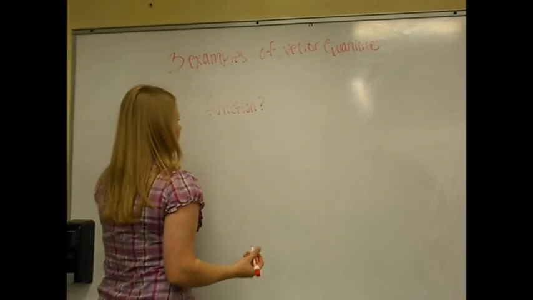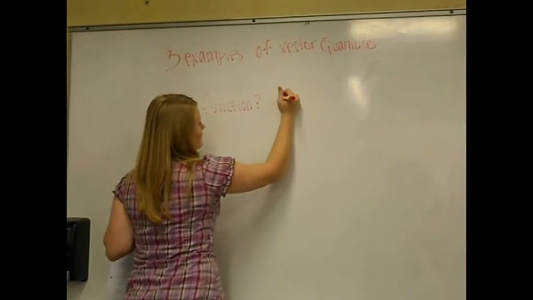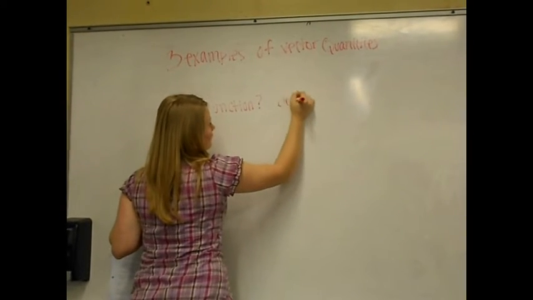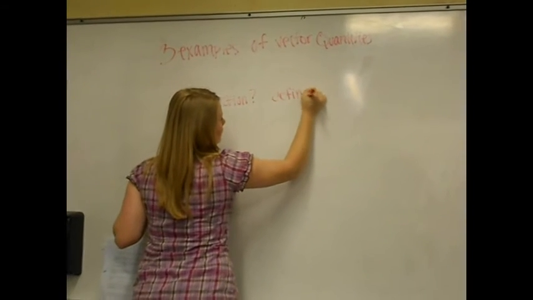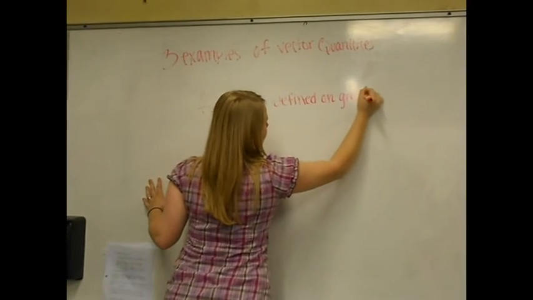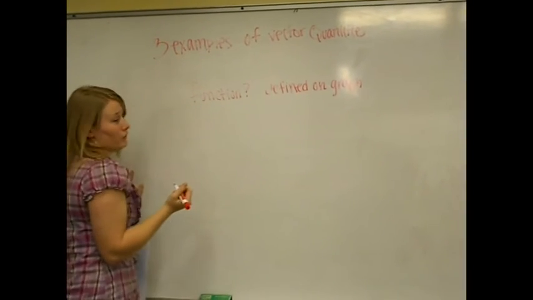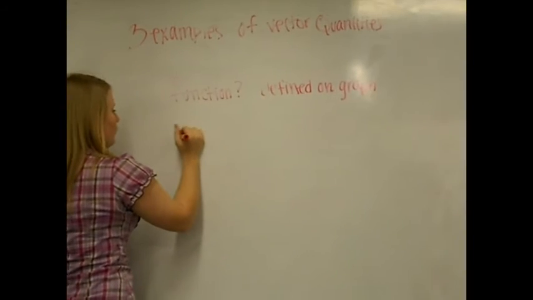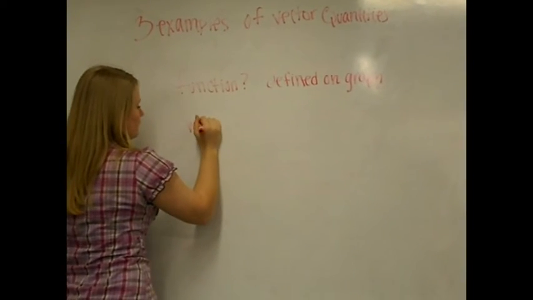A vector is labeled as a function because it can be defined on a graph. A weird example of a vector quantity is the example of wind on a pond.